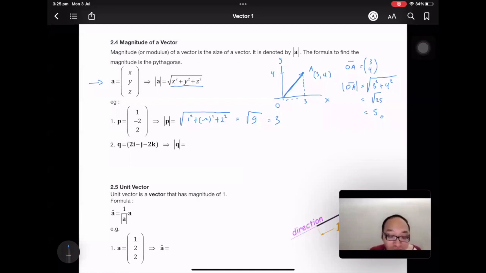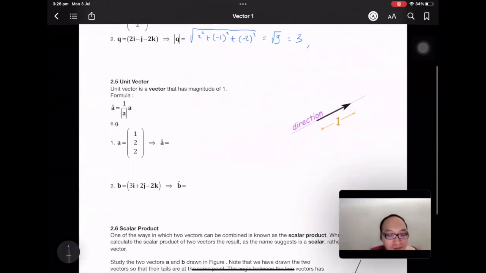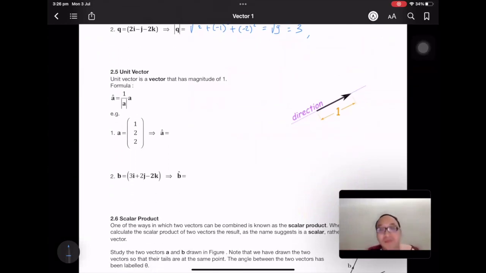And for the second one, the same thing: 2 squared plus (-1) squared plus (-2) squared, which is the same thing, equals 3. In this case, the lengths are the same, but the directions are different, so the vectors are different. That's about magnitude.